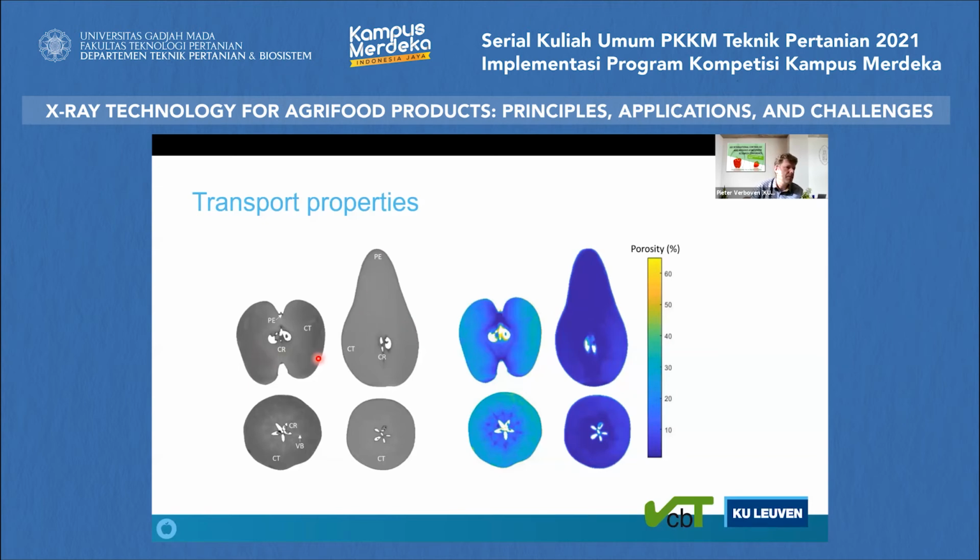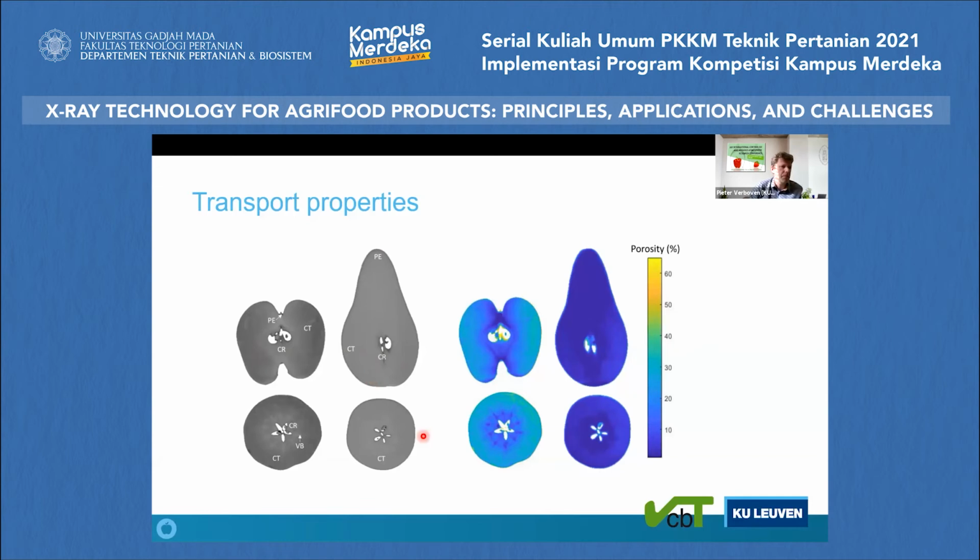What does that mean? So if you can translate these properties of the X-ray scan into real quantitative parameters, like for instance porosity, it will become much more interesting and useful, the data.